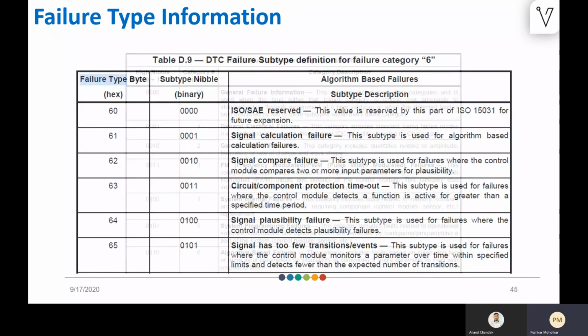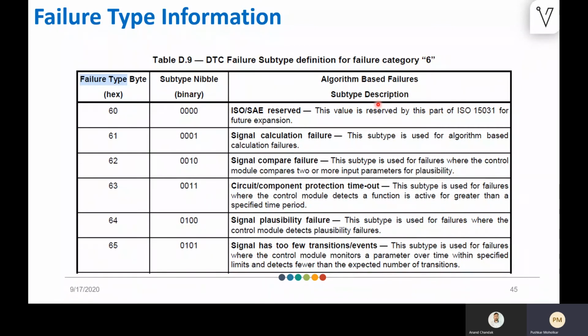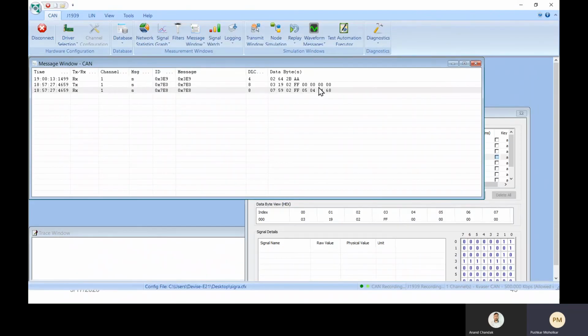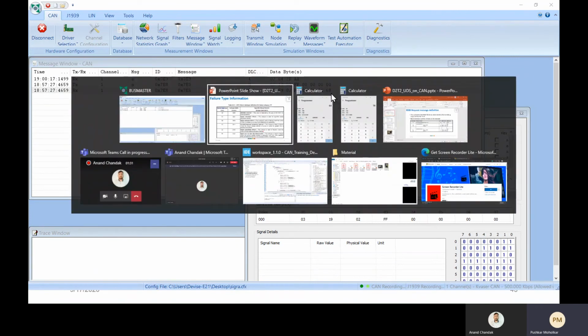Then the lower nibble tells us about the subtype of the failure. So in this case, the value was 64, which corresponds to signal plausibility failure. That is, the failure where the control module detects plausibility failures. So this was about the DTC failure type, and the fourth byte is the DTC status byte.